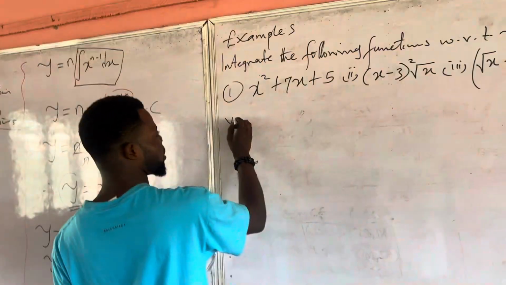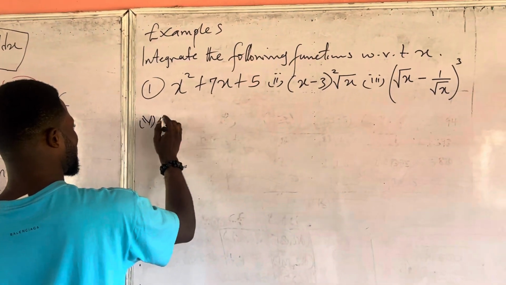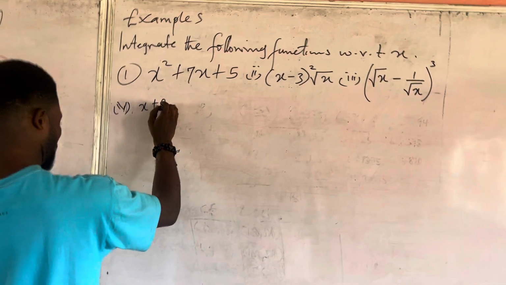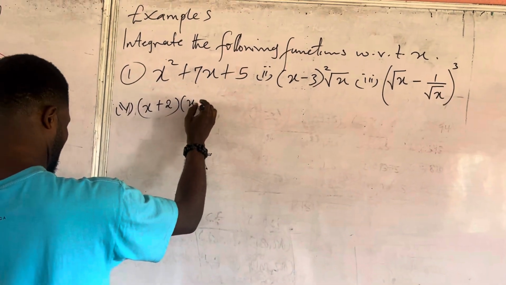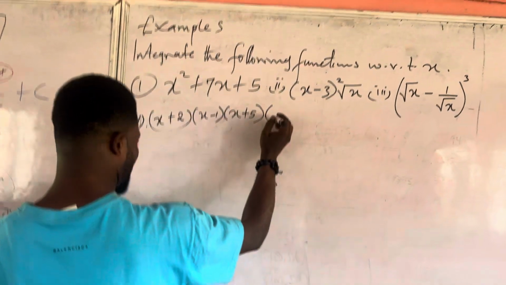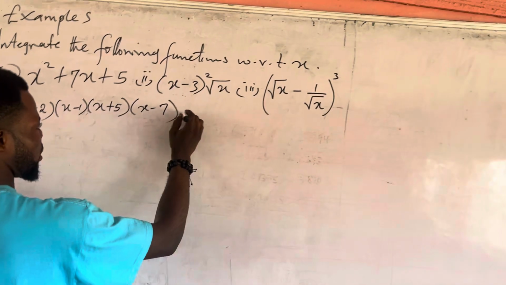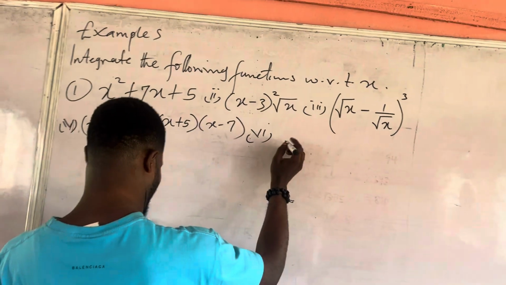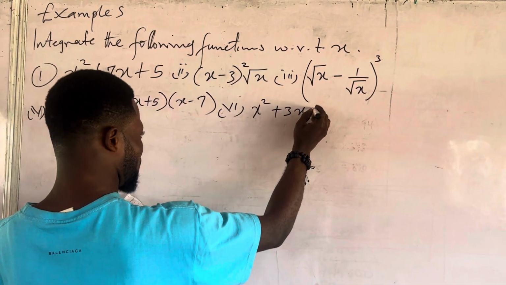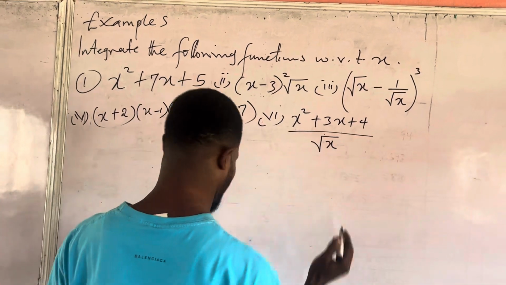Number 4, we have x plus 2 into x minus 1 into x plus 5 into x minus 7. And the last one here, we have x squared plus 3x plus 4 all over the square root of x.